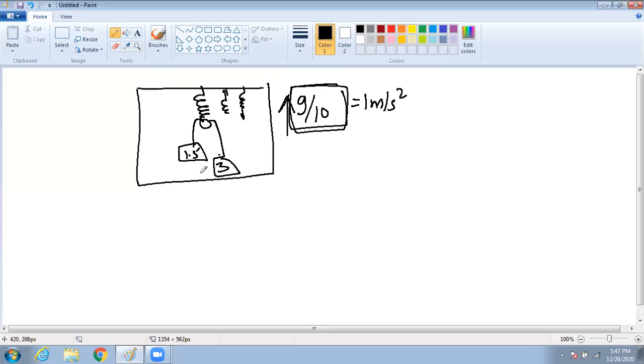There is an extension of the spring, and there is also a movement of the lift. So it is very complicated if you want to solve it from an inertial frame of view. So what should you do? You should be in a non-inertial frame and try to solve it.